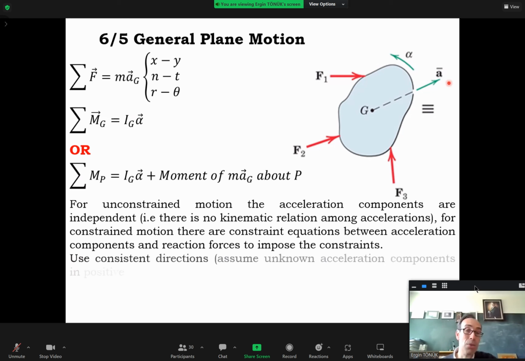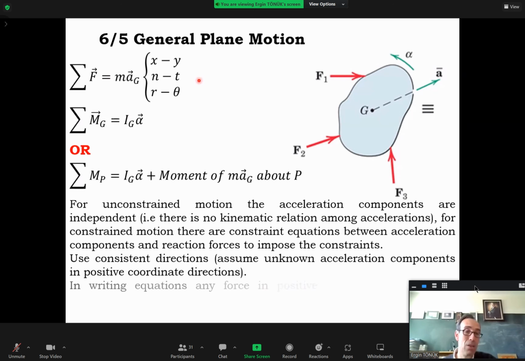Another thing we have to be careful about is when we choose a coordinate system, anything along the positive coordinates would be positive in the equation. Anything opposite to that would have a minus sign. So we should be careful about those.